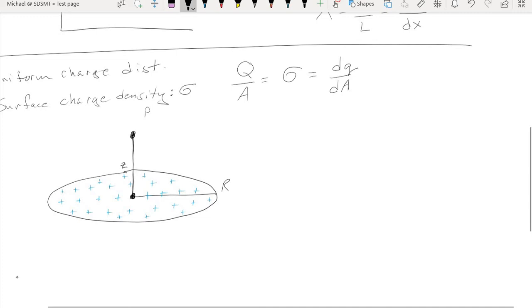So let's get ourselves a sample ring. It's a little bit better.